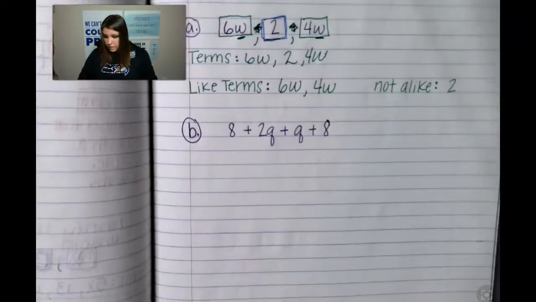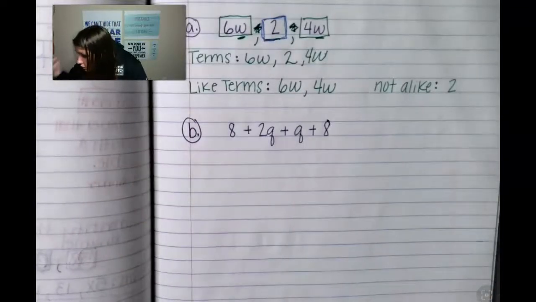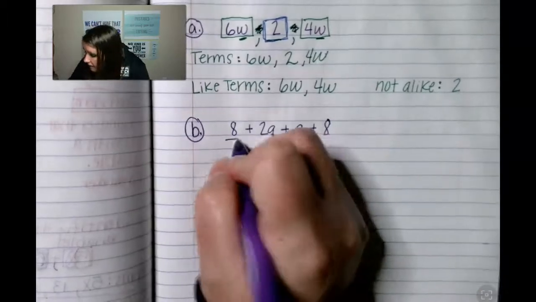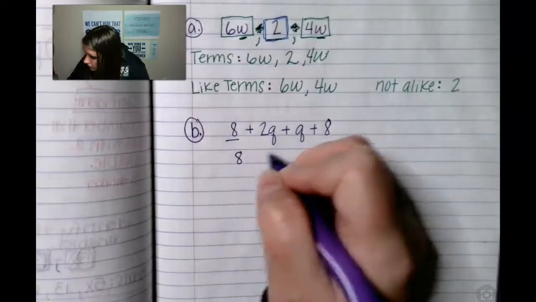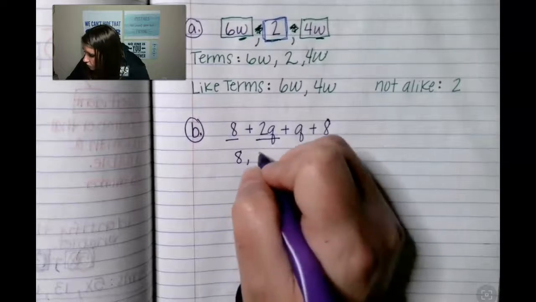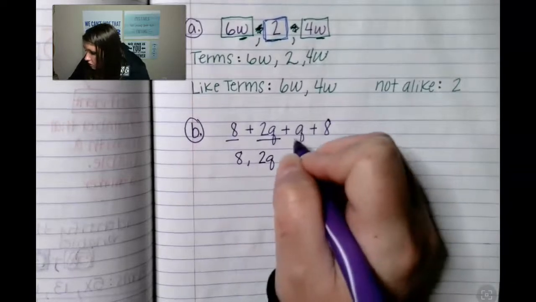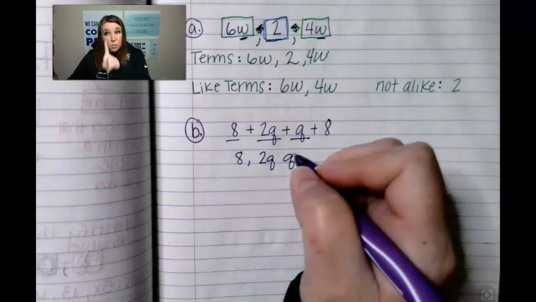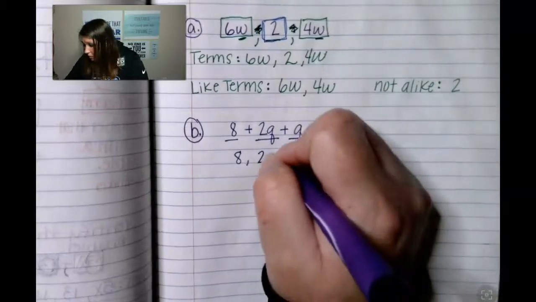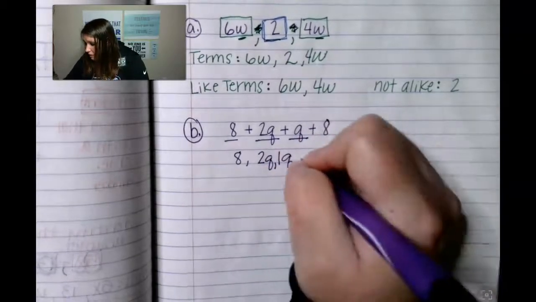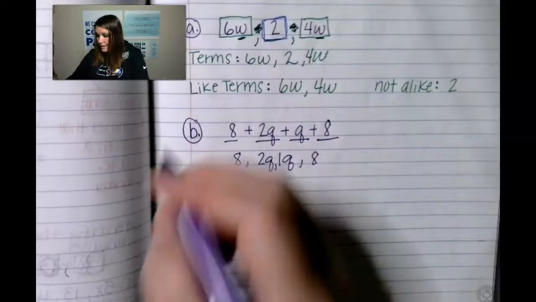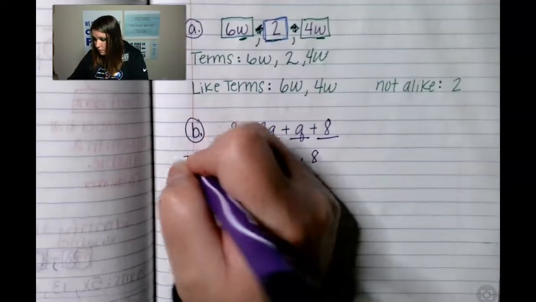The terms that we have in this expression: we have an 8, we have a 2Q, and we have a Q. Remember, that's the same as saying 1Q. They just don't put the 1 there, so we can put the 1. And we have an 8. Okay, these are our terms.